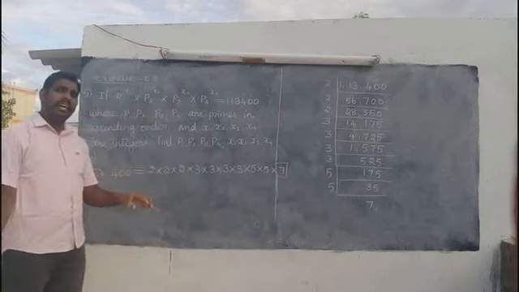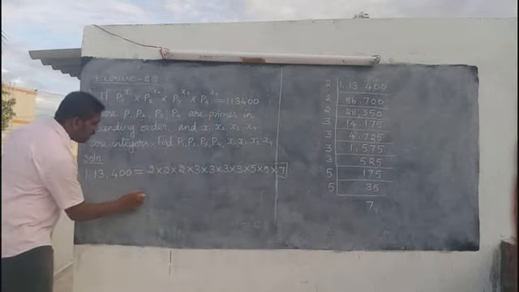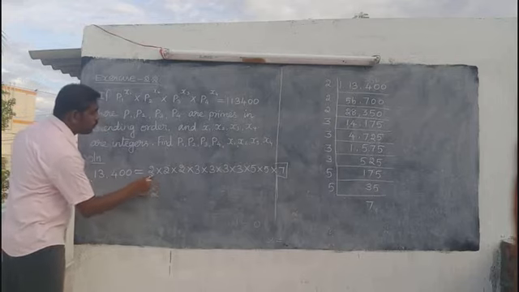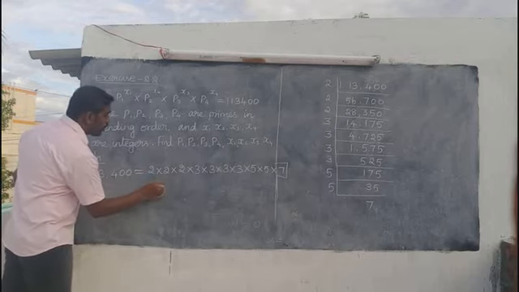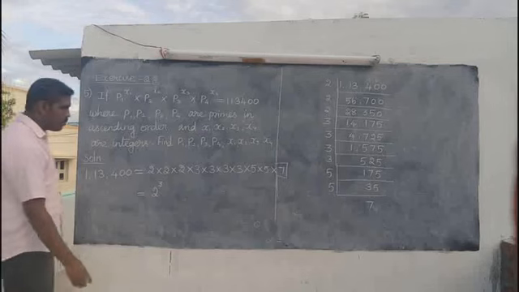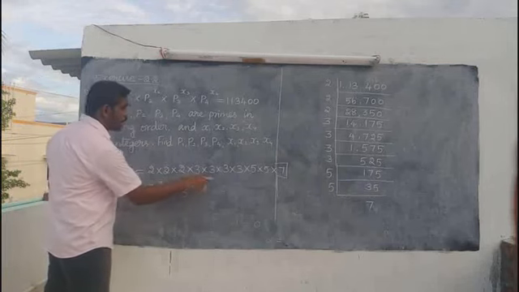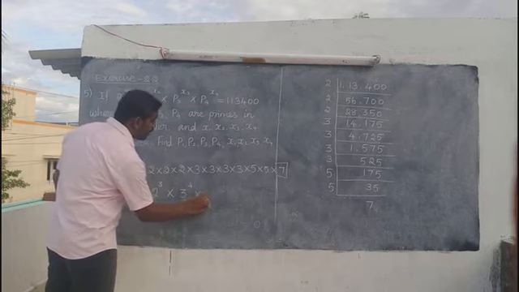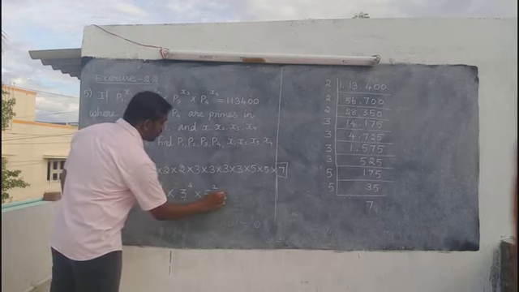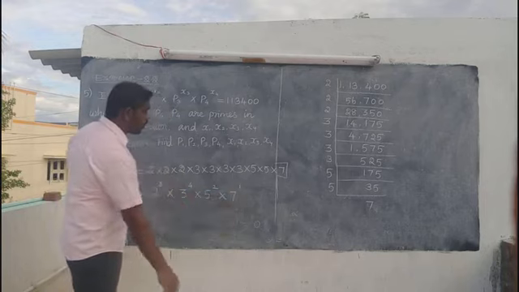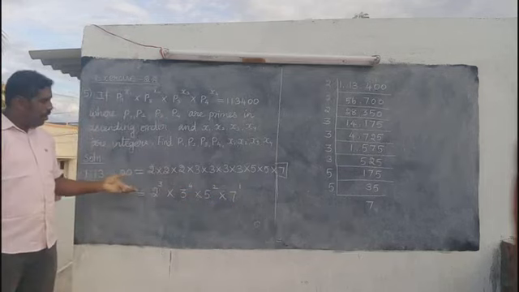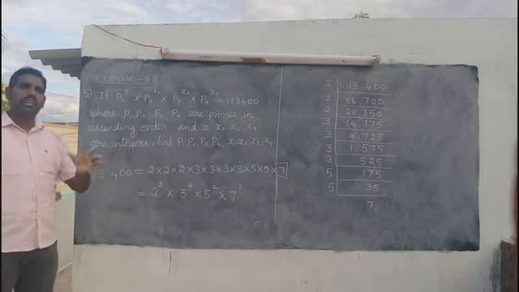So now we write it as powers. That value can be written as 2 to the power 3, 3 to the power 4, 5 to the power 2, and 7 to the power 1. Here are all the prime powers.